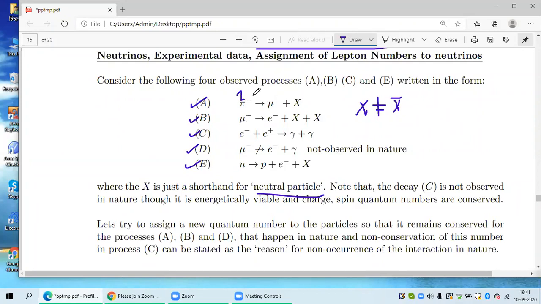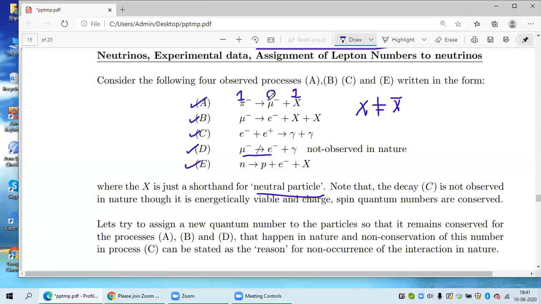Do you understand? If I give 1 to this and 0 to this, then we should give 1 to this. You can do it. But if you look carefully at these reactions, some happen and some do not happen.